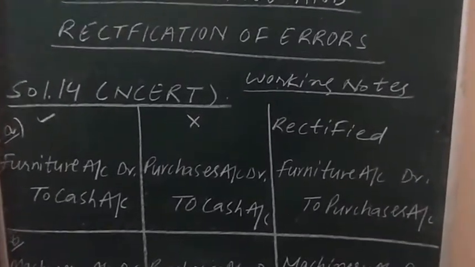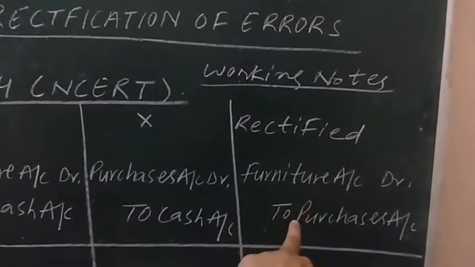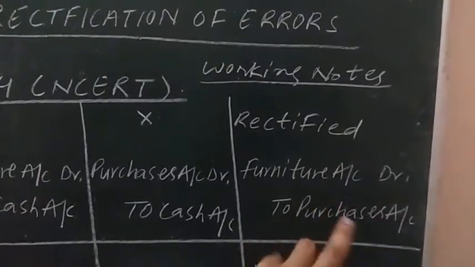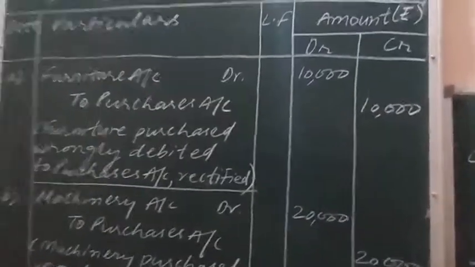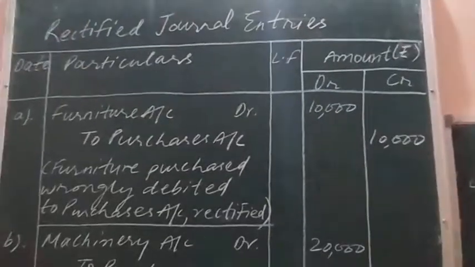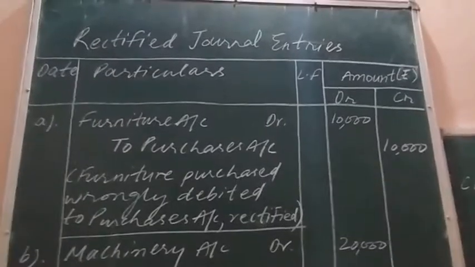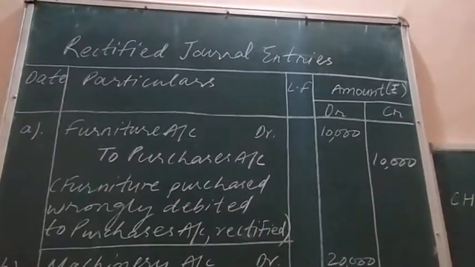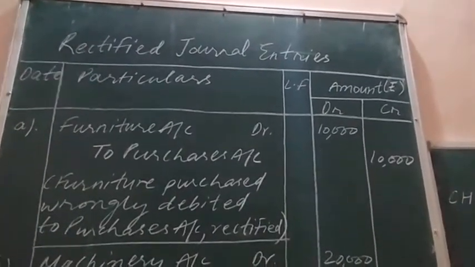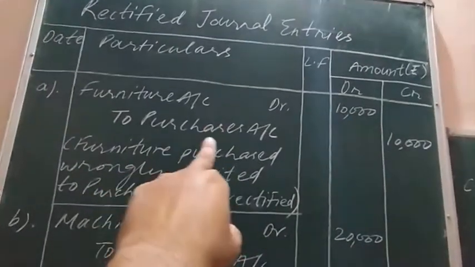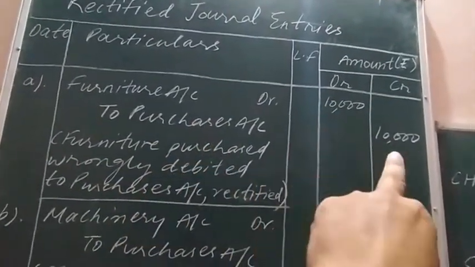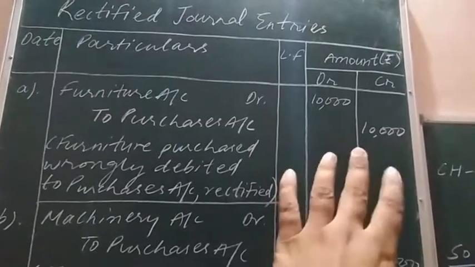The same rectified journal entry will be journalized in the journal entry format. See the journal entry format. I have journalized the rectified entry. Furniture account debit to purchases account, 10,000 rupees. This amount is mentioned in the book.